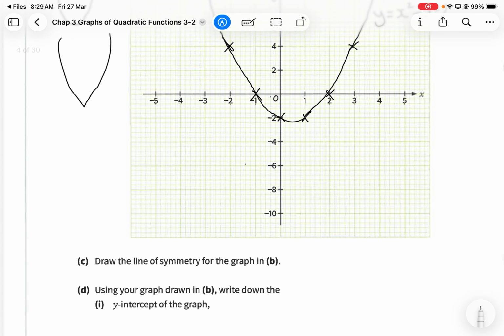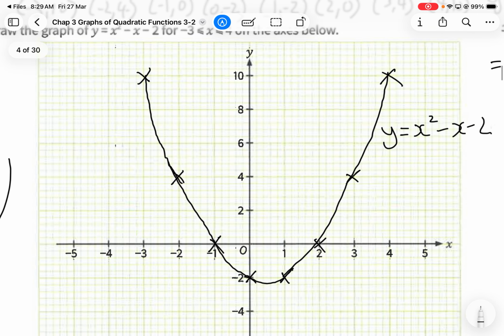Okay, draw the line of symmetry. For all your quadratic graphs, there is a line of symmetry. When we were playing around with GeoGebra, the one I asked you to plot, it's always a U shape. So the U shape or upside down U shape is always symmetrical about the middle.